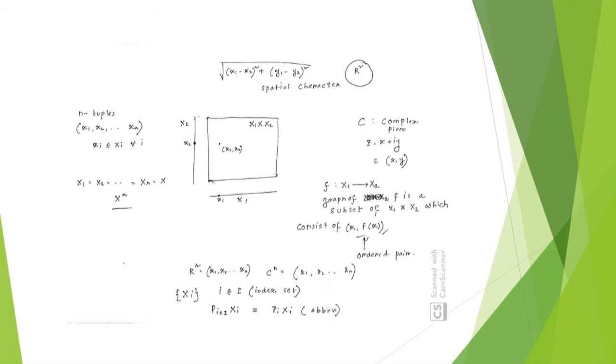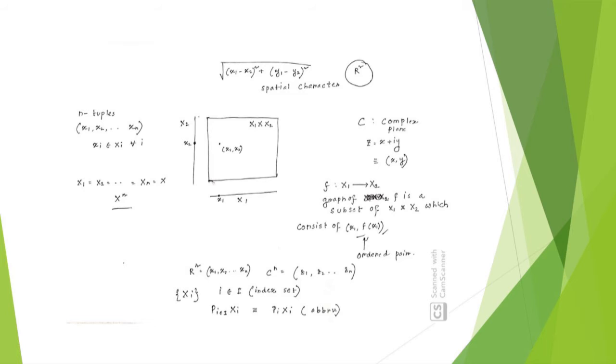Now if f is a mapping from X1 to X2 with domain X1 and range in X2, its graph is that subset of X1 cross X2 which consists of all ordered pairs of the form x1, f of x1.